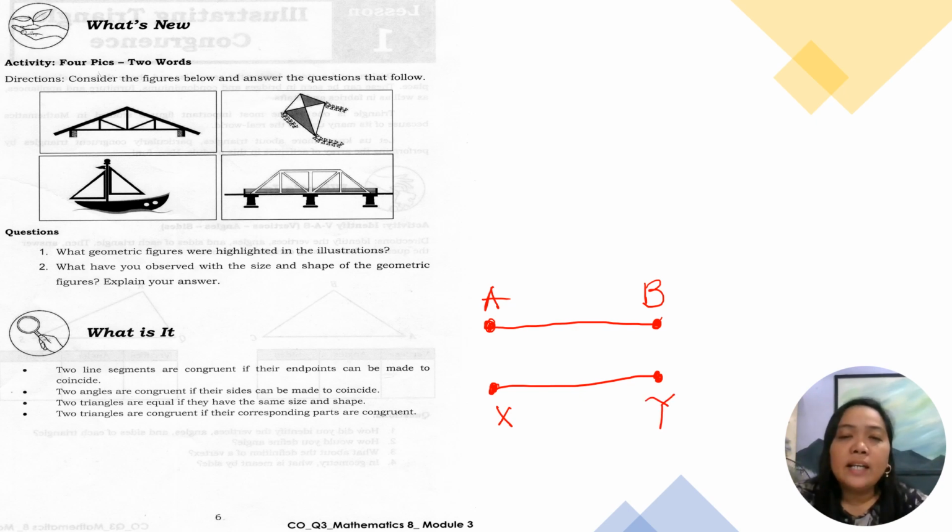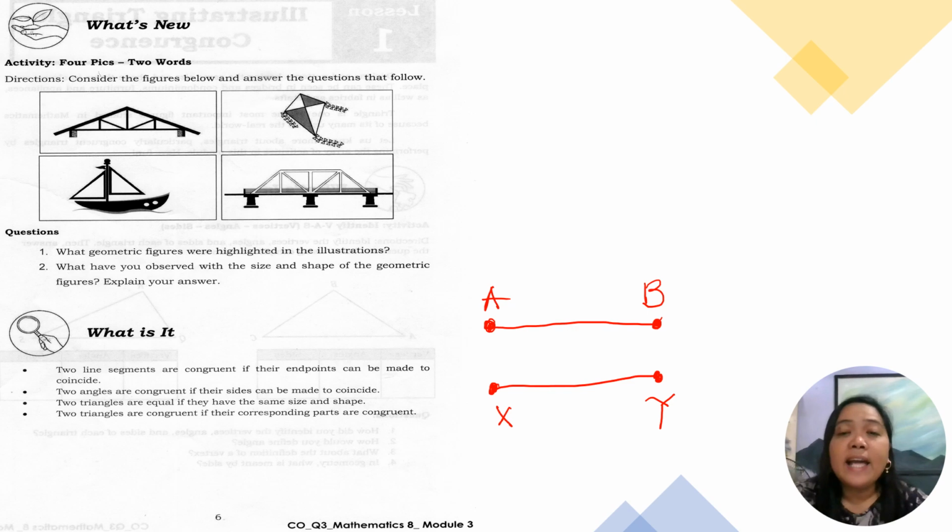If the endpoints of AB are made to coincide, or if we try to move segment XY to fit with segment AB and they coincide, that means the two line segments are congruent.